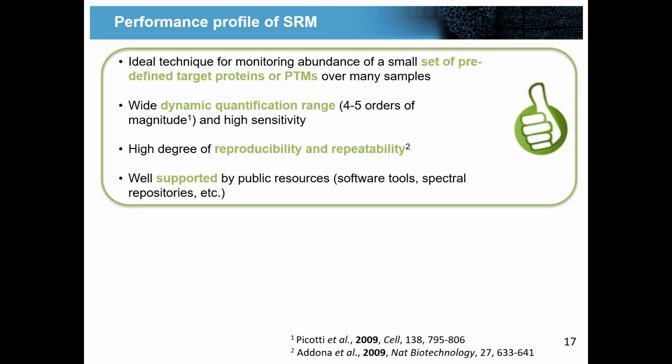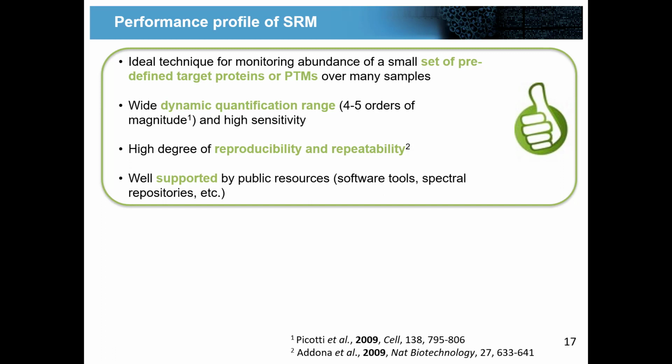Okay, so to wrap this up, performance profile of SRM. SRM is an ideal technique if you want to monitor a rather small set of predefined target proteins or target peptides or target PTMs, and if you want to do this reproducibly over many samples. If this is the task of your project, if this is what you need, SRM can be a very attractive method for you.